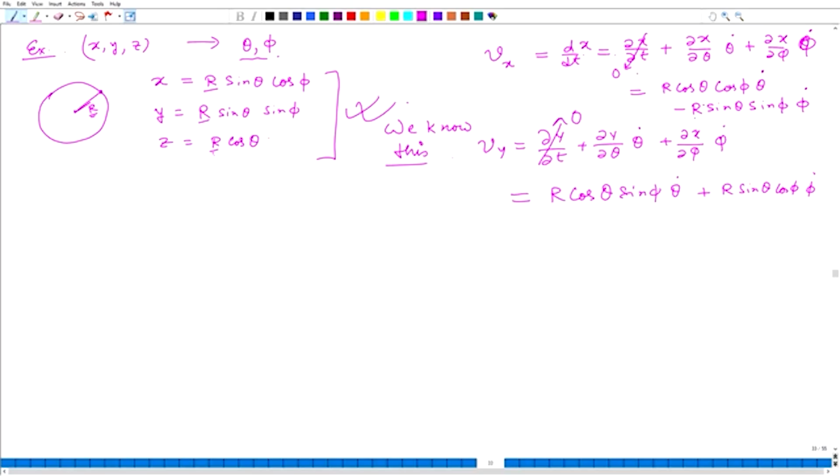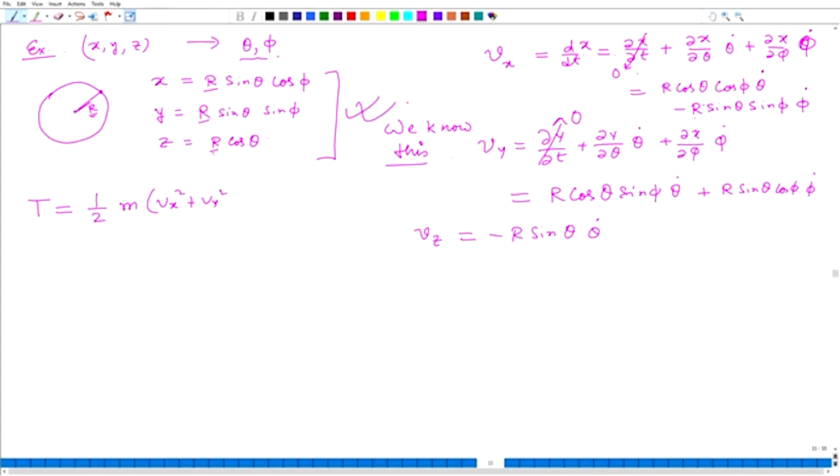So, yes, I have this, and finally, I have also Vz, and Vz is nothing but minus r sin theta theta dot.